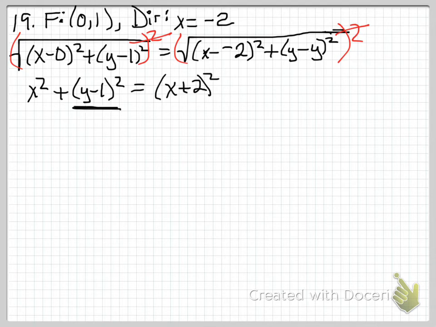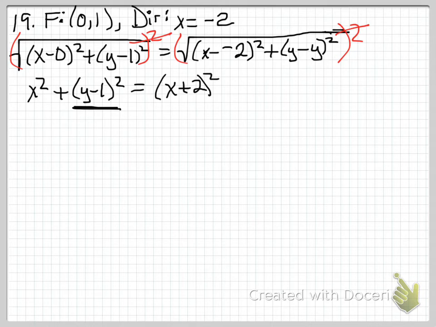Alrighty. Now, remember, because we have a directrix of x equals negative 2, that means I'm working with a horizontal graph, right? So, in that horizontal equation, we have y minus k squared. And so we want to keep this y minus 1 squared exactly as it is.